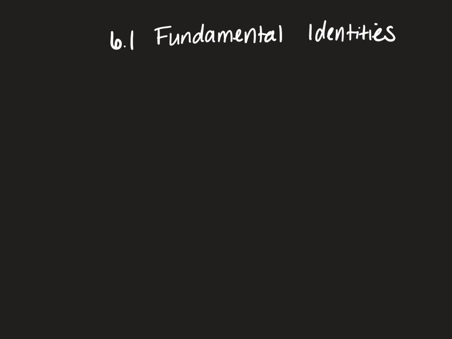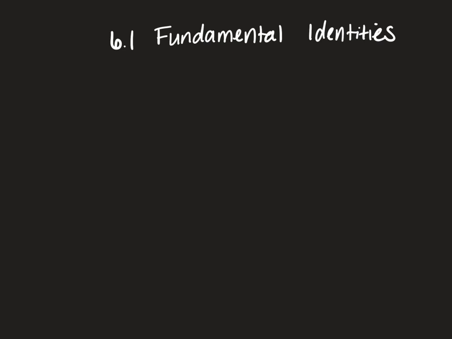All right, so basically this first section goes over a lot of our initial fundamental identities. For right now, we're just going to be using the first 4 boxes on your page: the reciprocal identities, the quotient identities, Pythagorean identities, and negative angle identities.